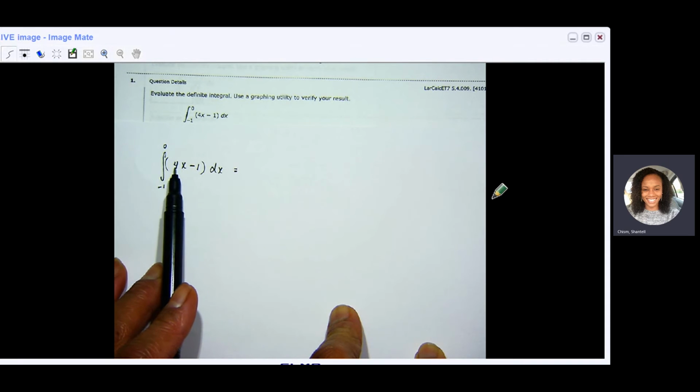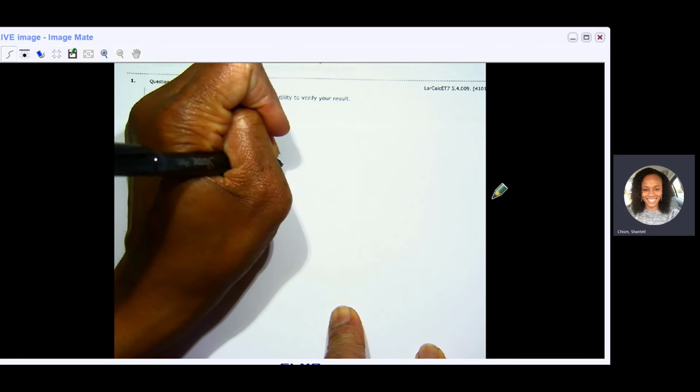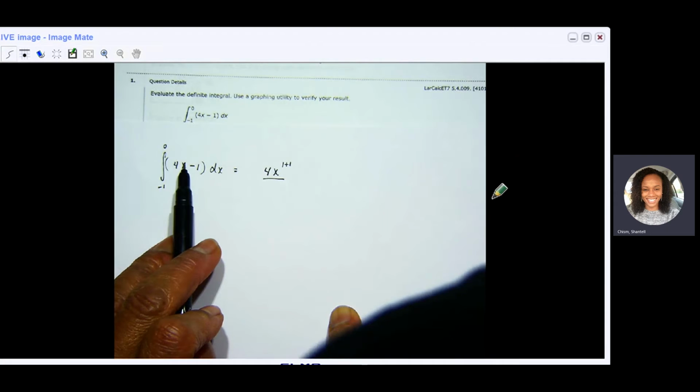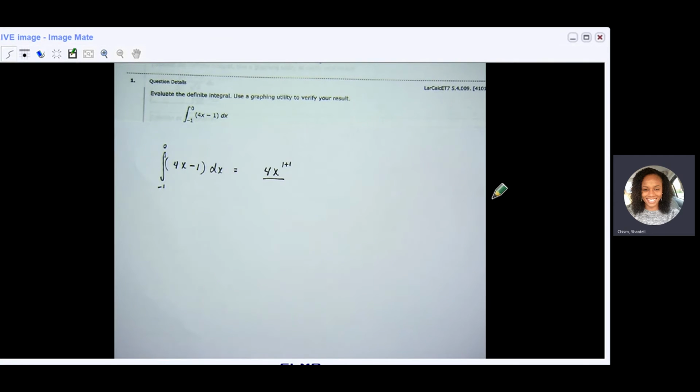So 4x becomes 4x to the 1 plus 1 over 1 plus 1. Because that exponent was understood to be a 1, you just add 1 to that. I want you to recall what we learned in 5.1, okay? Those rules for finding the antiderivative, the power rule, to be specific, is the one I'm focused on.